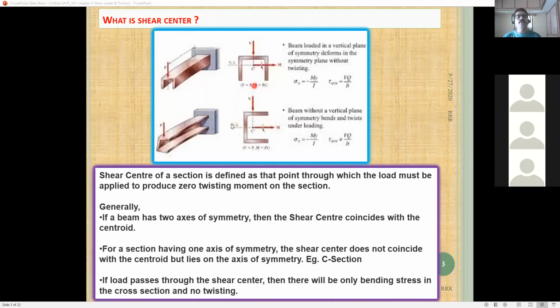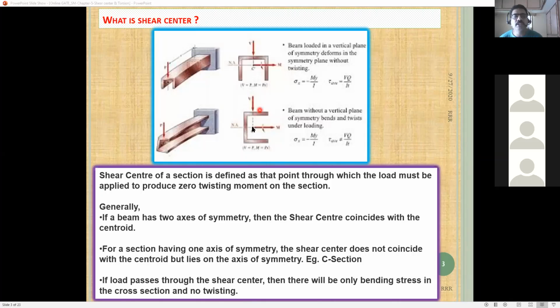Please remember. But suppose there is an unsymmetrical section: the same U turned through 90 degrees and became a C section. This is a cross section, so if you see it from the front, it appears as a C. Earlier it was U, now it is C. But you cannot cut the section into two equal parts here, so we call it an unsymmetrical section.